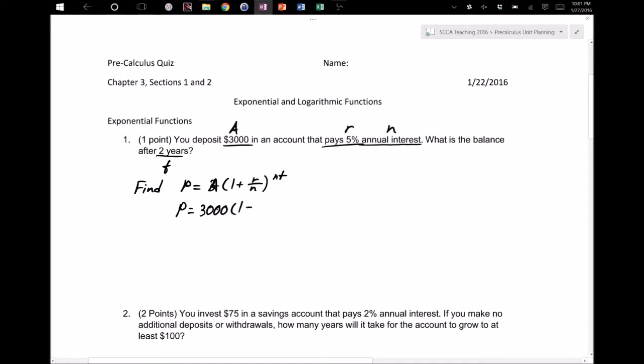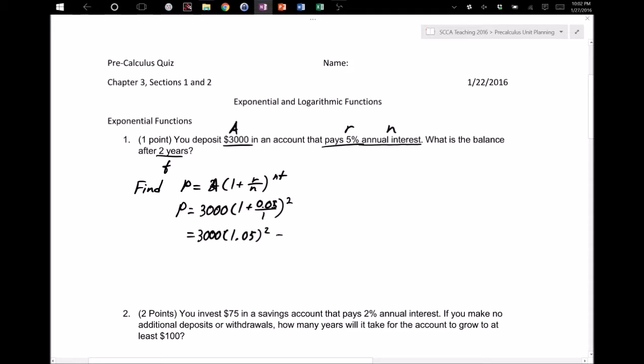So P equals 3,000 times (1 plus 5%). So I have to convert percentage to a decimal, divided by 1, to the T, which is 2. So how am I going to do that? I end up with 3,000 times 1.05 squared.